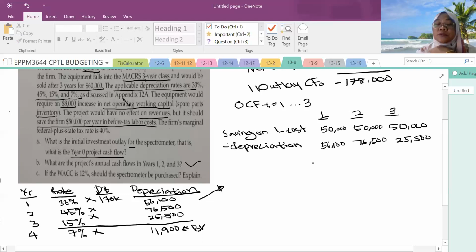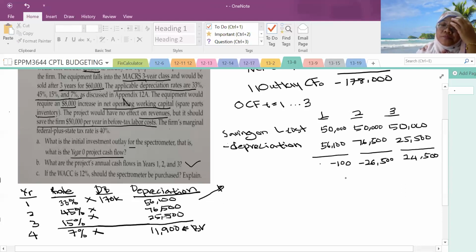Okay, so let's do this. We have negative 6,100 here, negative 26,500, and here we'll have the first positive, which is 24,500.